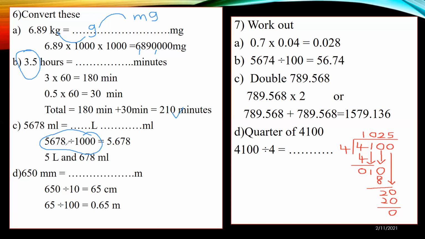When you don't see the decimal place, it's always back of the last number. That means it's here. So when you move 3 places, you will get 5.678. That means you have 5 liters and 678 milliliters.